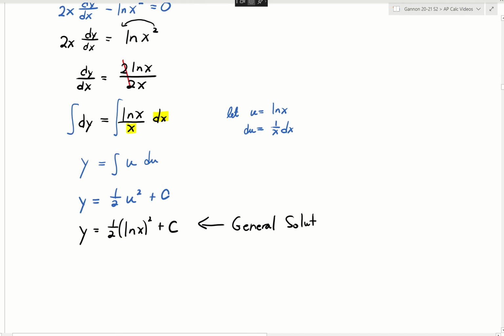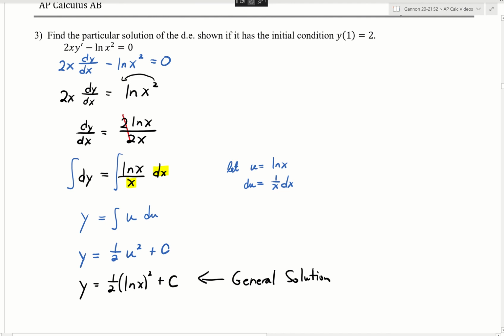And based on the other two examples we did, we were done at that point. But we want to find the particular solution, and we are given this initial condition up here that y of 1 is equal to 2. That's the same thing as having a coordinate (1, 2), so that is a point on our function.